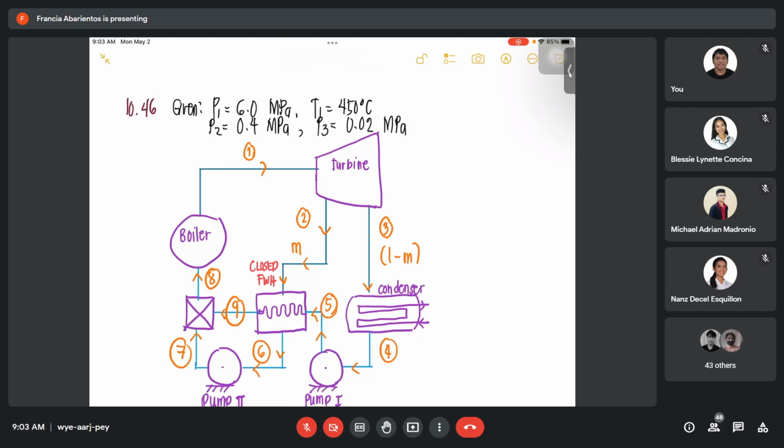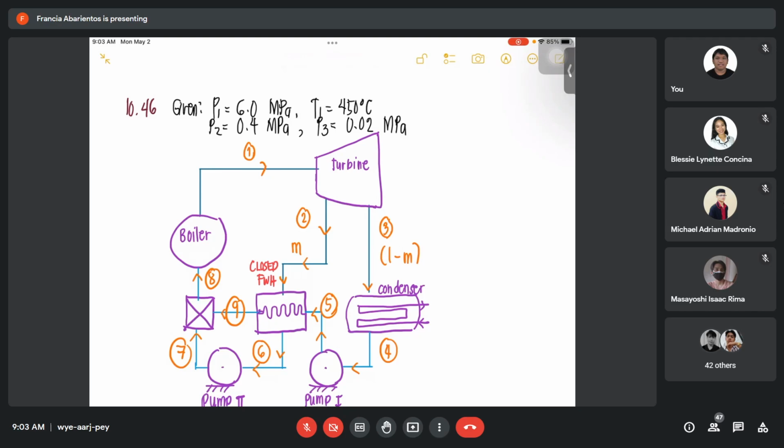Assuming that the feed water leaves the heater at the condensation temperature. Madami po siya. Of the extracted steam, and the extracted steam leaves the heater as a saturated liquid and is pumped to the line carrying the feed water. Ayan. So, mahaba-haba to.